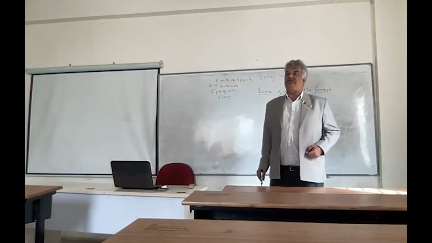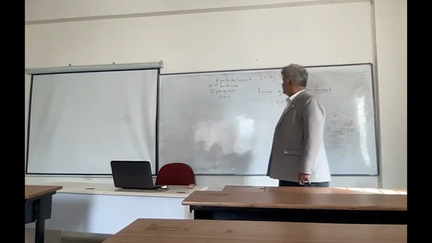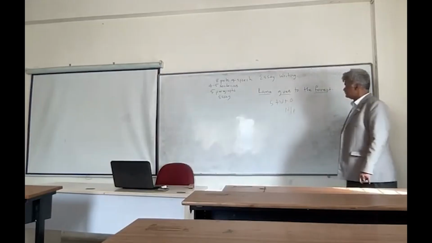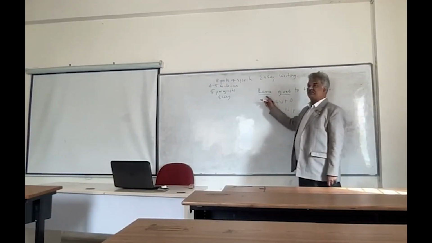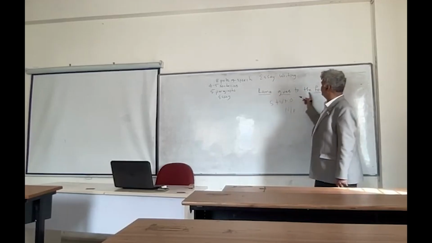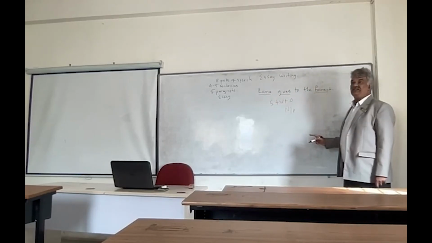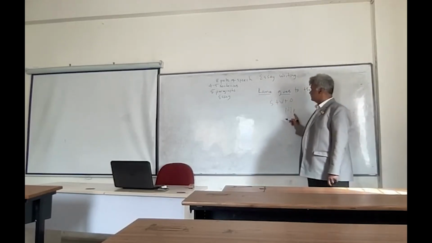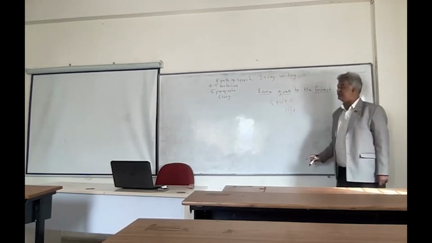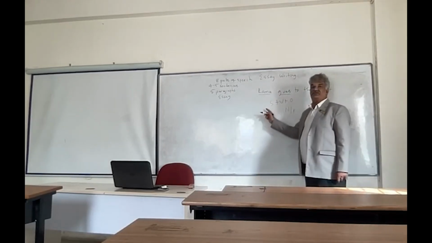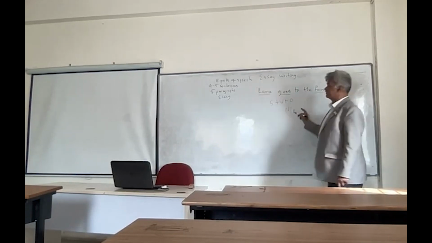So you see that the sentence has this structure: subject plus verb plus object. Subject can be a noun or a pronoun. For this sentence, Rama goes to the forest, you can say he goes to the forest, noun or pronoun.